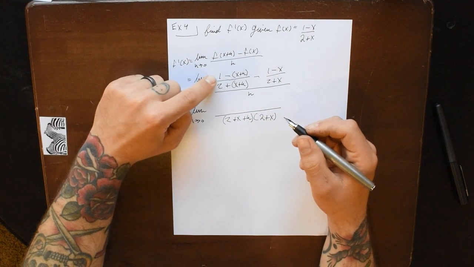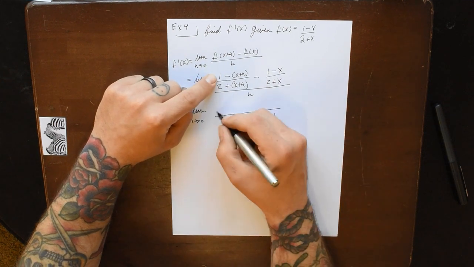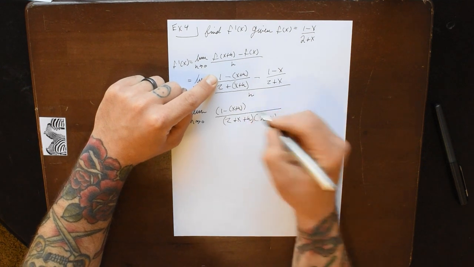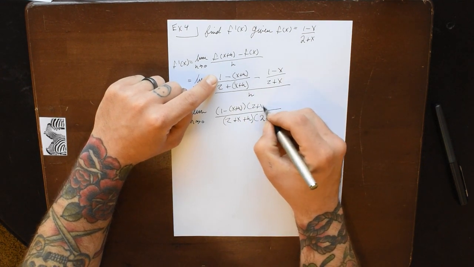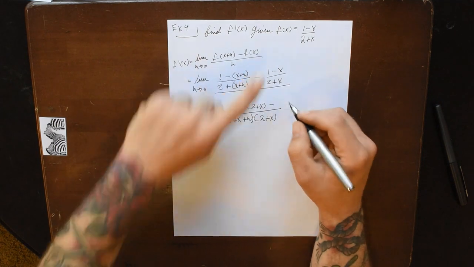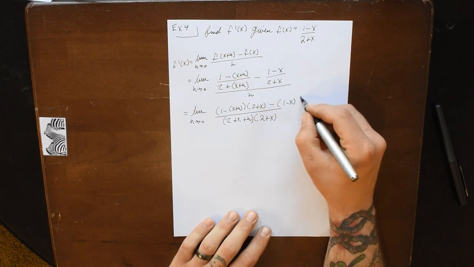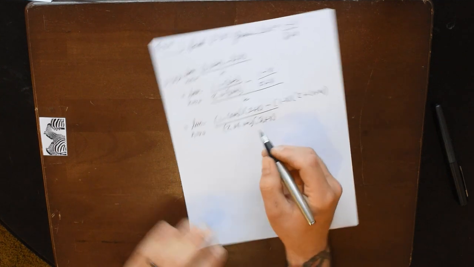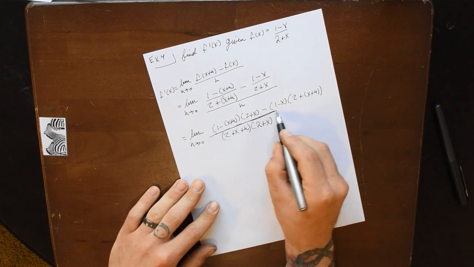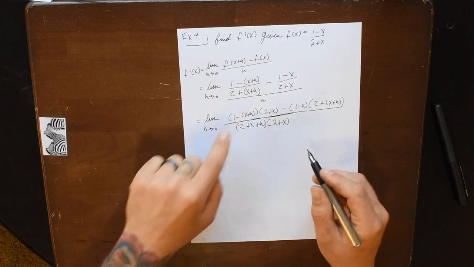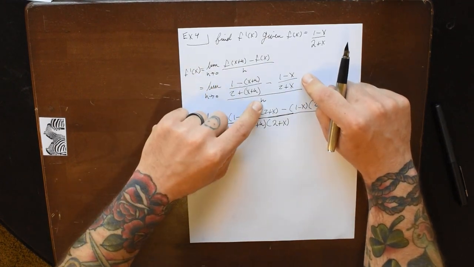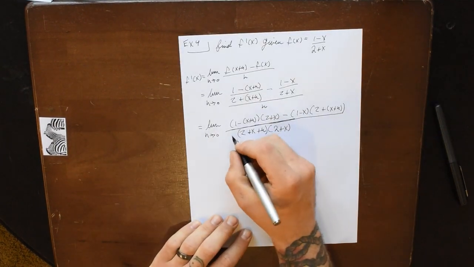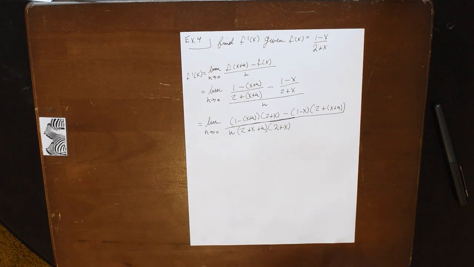So this term is a 1 minus x plus h times 2 plus x minus 1 minus x times 2 plus x plus h. And this numerator being divided by h is the same as this numerator being multiplied by 1 over h.